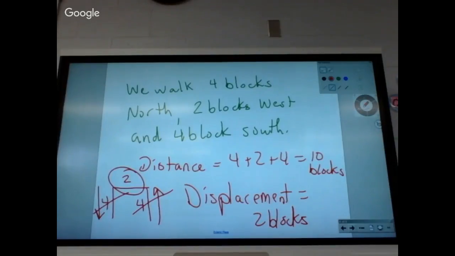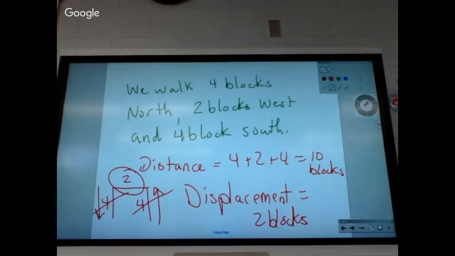Question: how can we get displacement, no distance? Nobody gets displacement with no distance. Distance is the easy one. How many times did I drive from school to Greensboro? I drove to Greensboro and back, so that's 30 plus 30, which is 60. And then I drove home, which is 13.